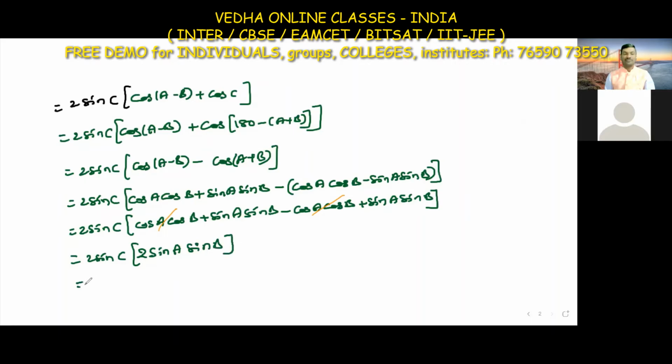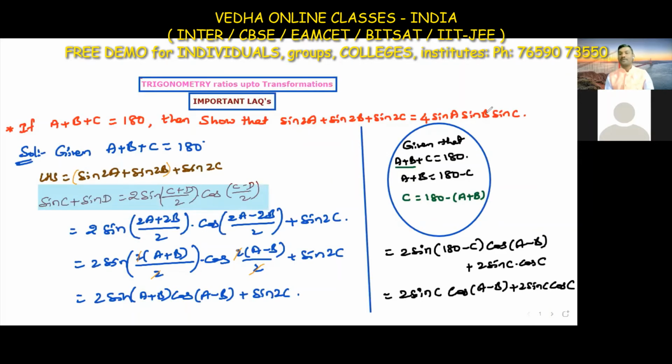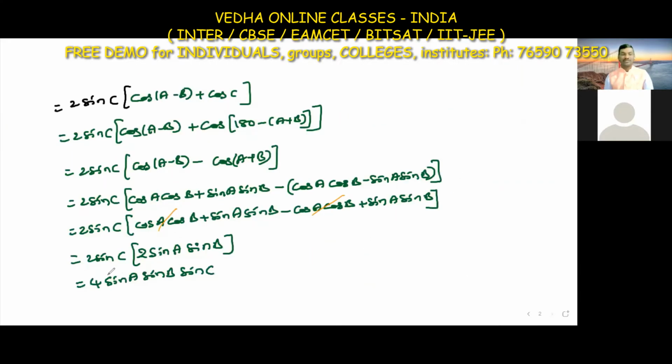2 twos are 4, sin A sin B sin C. Okay, what do we have to prove? Check the answer once. We have to prove 4 sin A sin B sin C, which is equal to the RHS.